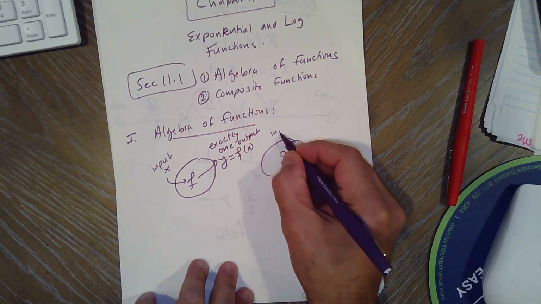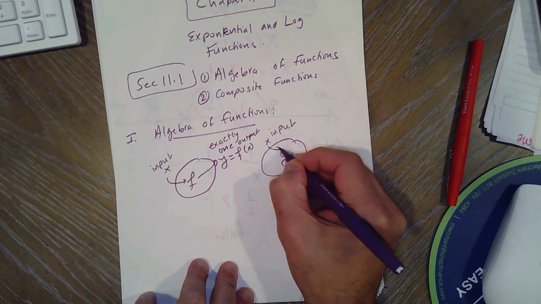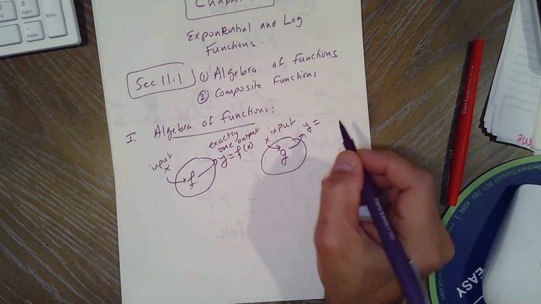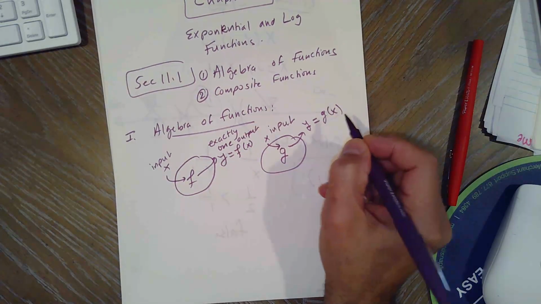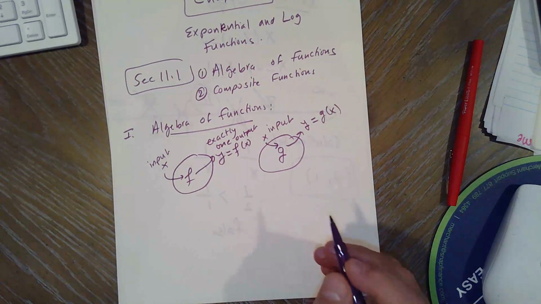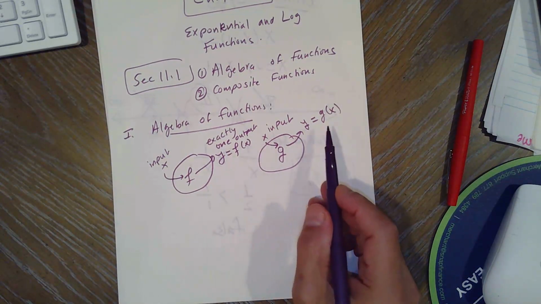Same thing here. If we input x into g, we're gonna get a y value, exactly one y. That's why it's a function, and that y is produced using an input x in machine g. That's why we use f of x here and g of x there.